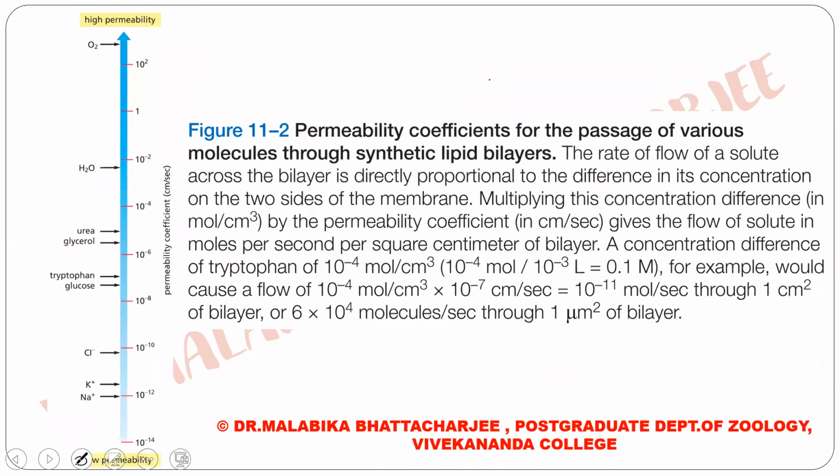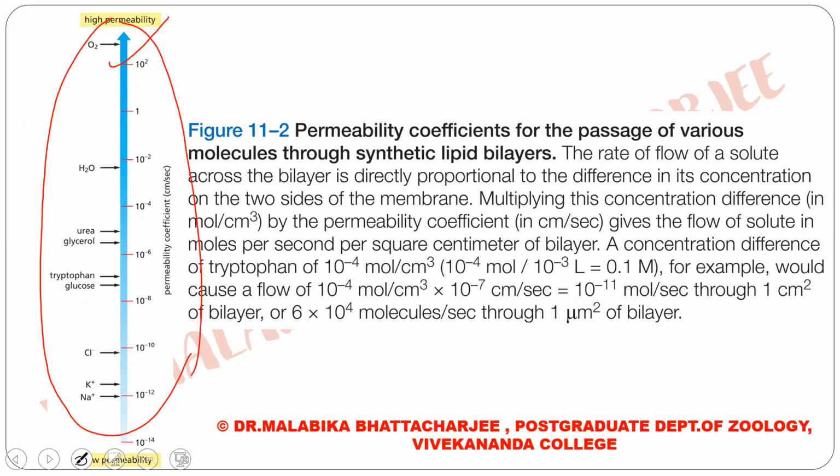This is one picture I wanted to show you, which shows the permeability coefficient of the various molecules through a synthetic lipid bilayer. So this is the high permeability. Let's forget about the writing and just look at the graph. You can see that this area is showing the high permeability. Oxygen is a very highly permeable gas.